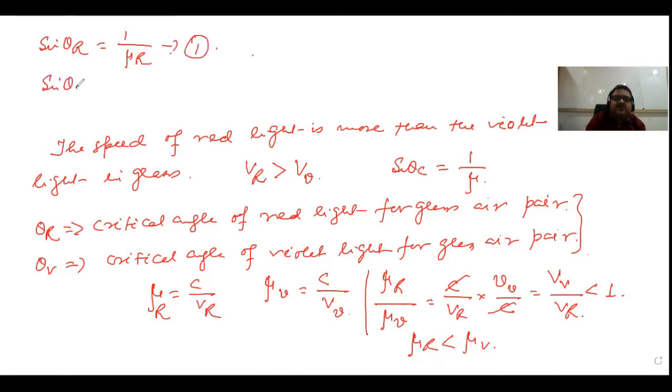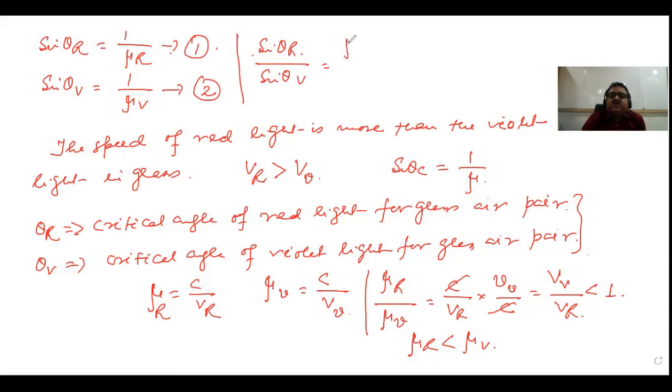Sine of theta v is equal to 1 by mu v. This is equation 2. Now, if I divide these two, sine of theta r by sine of theta v, we'll get what? Mu v by mu r.